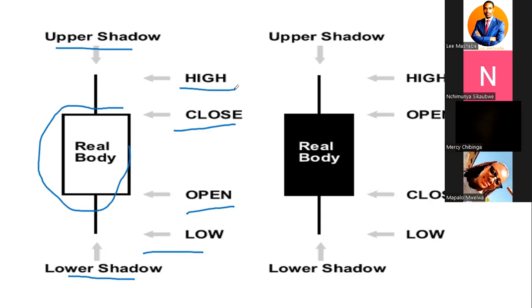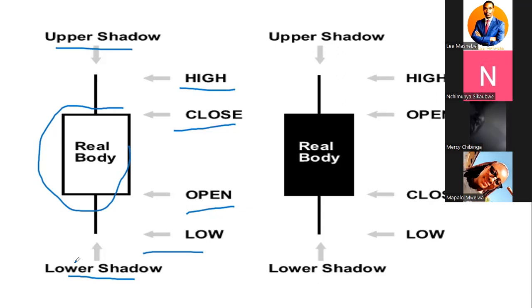A bar chart does not have a real body, a lower shadow, or an upper shadow. The bar chart only has the low, open, close, and high. So a candlestick chart gives you more information.